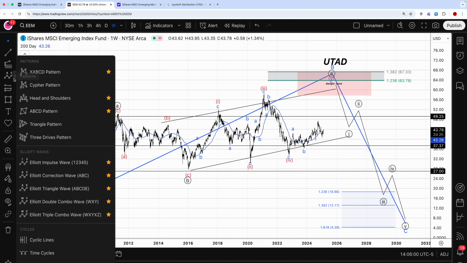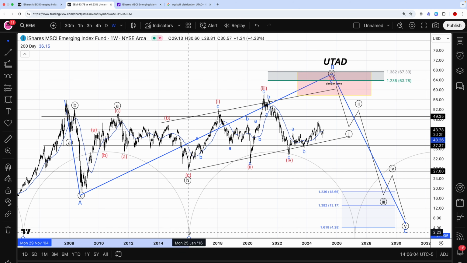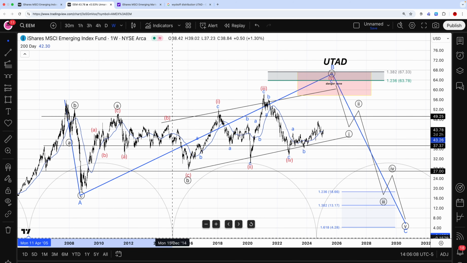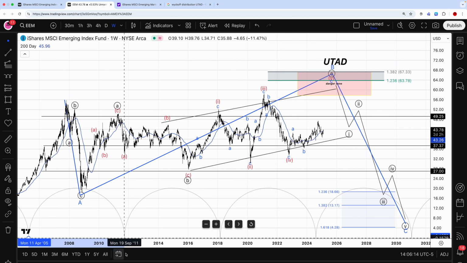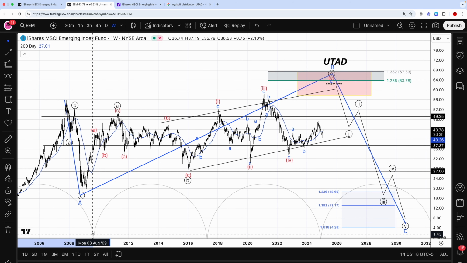And then we can also add time cycles on the chart. And just see where exactly the pivots are.